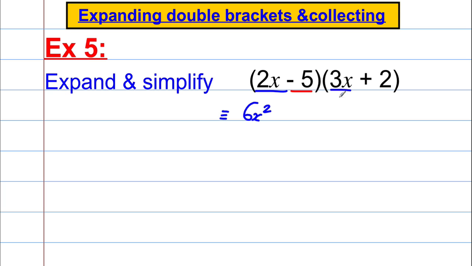Then I'm going to do negative 5 multiplied by positive 3x, and positive 2x multiplied by positive 2. So negative 5 multiplied by 3x is negative 15x. 2x multiplied by positive 2 is positive 4x. If I combine those, I get negative 9x. So negative 9x. And lastly, negative 5 multiplied by positive 2 is negative 10.